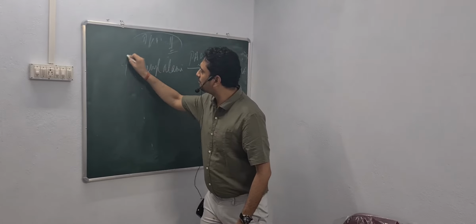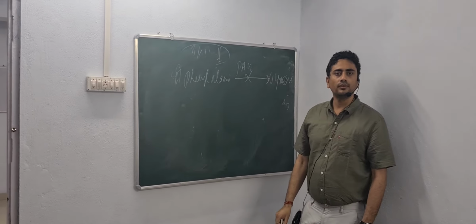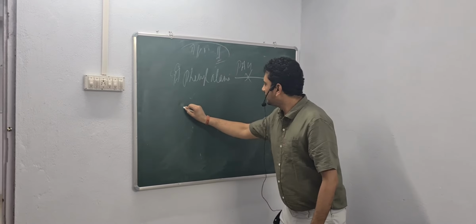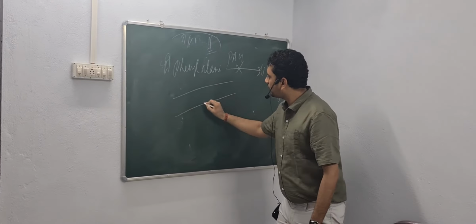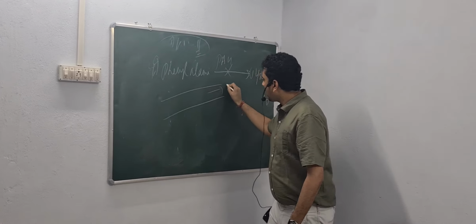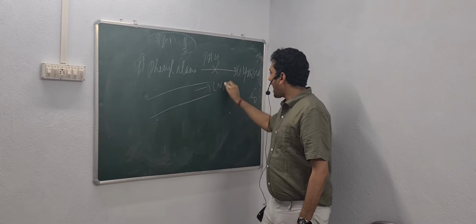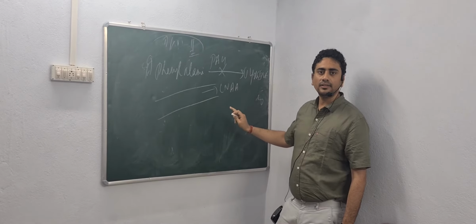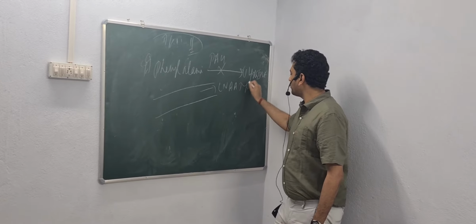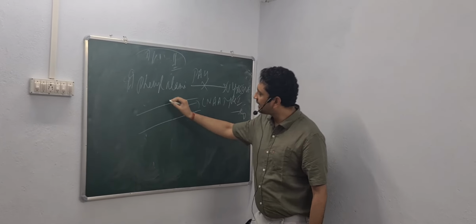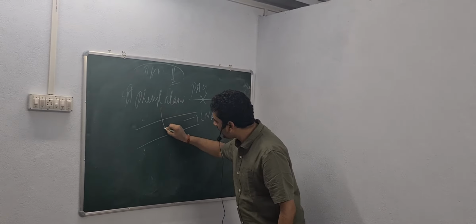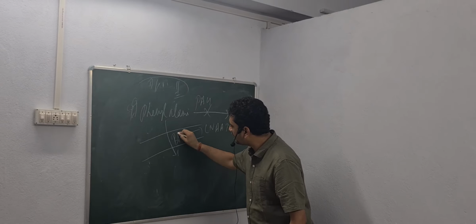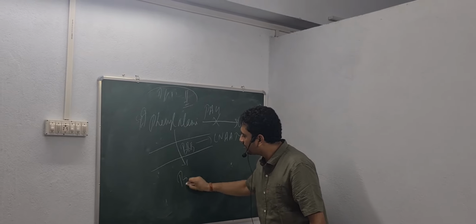So phenylalanine level in blood will increase, and this phenylalanine, with the help of a transporter called large neutral amino acid transporter type 1, can cross the blood brain barrier.